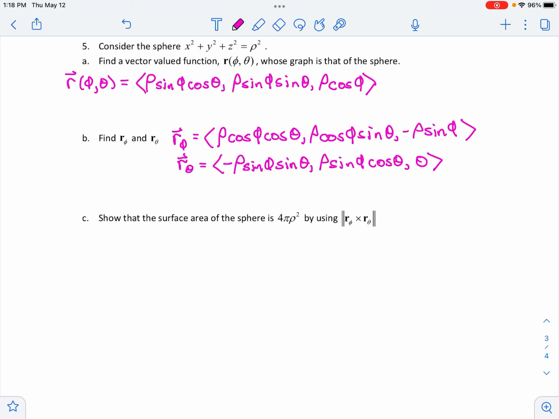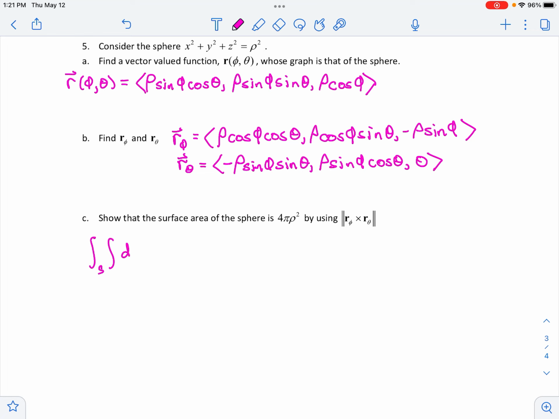Now down here, we're just asked to find the surface area of a general sphere using the cross product. What that calls for is to use the formula for surface area when you have a parametric surface.